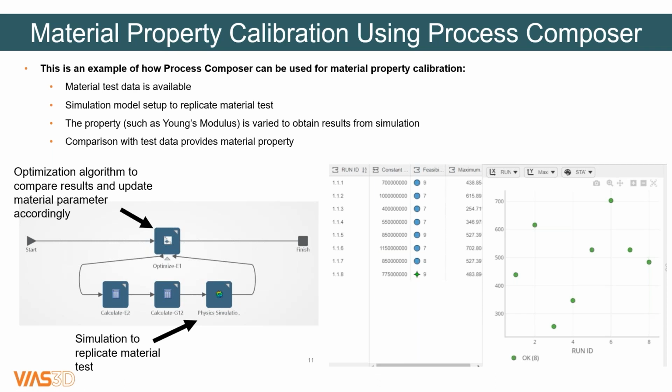You get the test data, and then you feed that test data into this calculator component, and then you run through this loop to get your optimized material property. I believe this entire process ran for about an hour, but again, it depends how complex your model is. It can run longer, it can run faster, but the key idea is that it reduces your manual work.